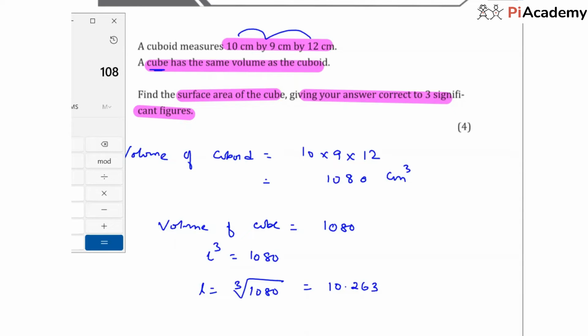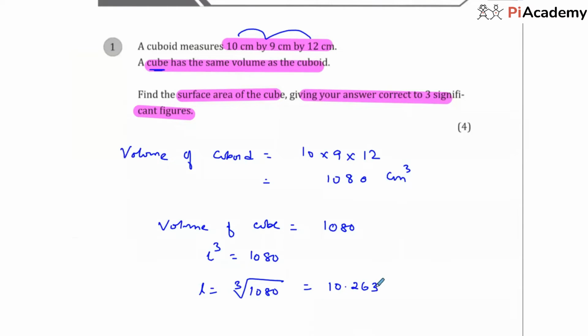Oh, sorry, guys. Is 6L cubed the formula? What is that? 6L cubed, that's not the formula for the volume. It is 10.26, okay, let's keep that.